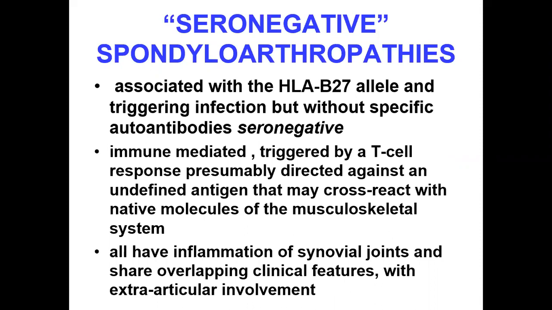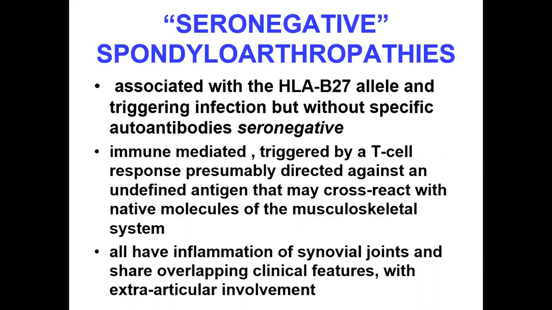So we discussed rheumatoid arthritis, then osteomyelitis and gouty arthritis in previous lectures. So today we will discuss seronegative spondyloarthropathies. They are associated with HLA-B27 allele and triggering infection, but without specific autoantibodies, so they are seronegative.